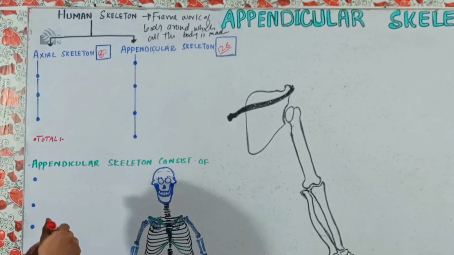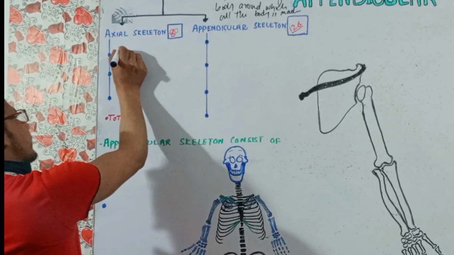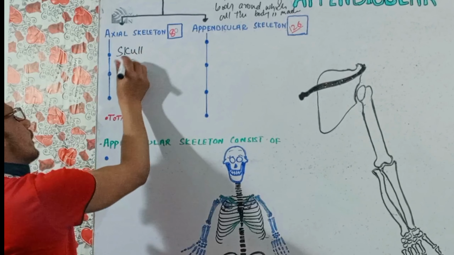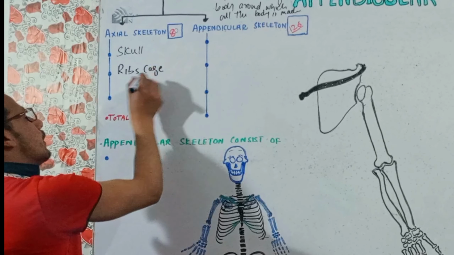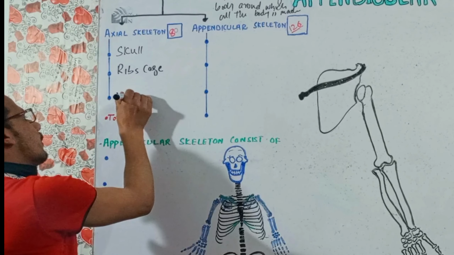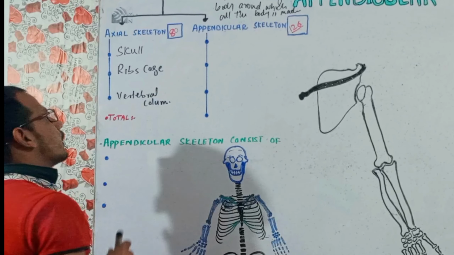The axial skeleton is fixed in its place, and it is further divided into three parts: the skull, the rib cage, and the vertebral column. Right?